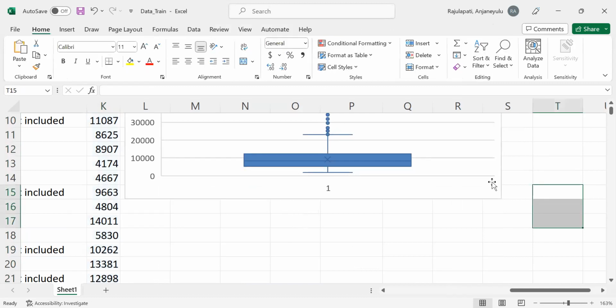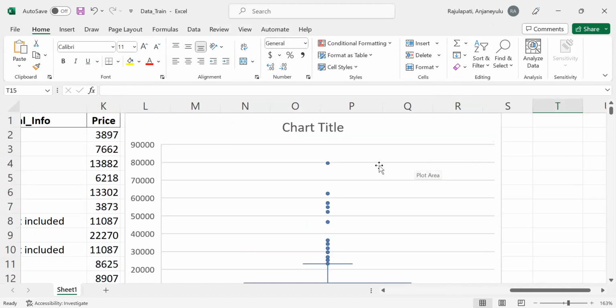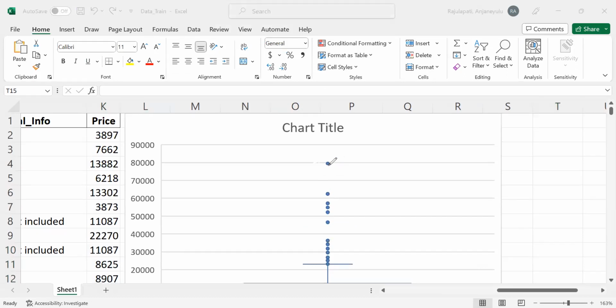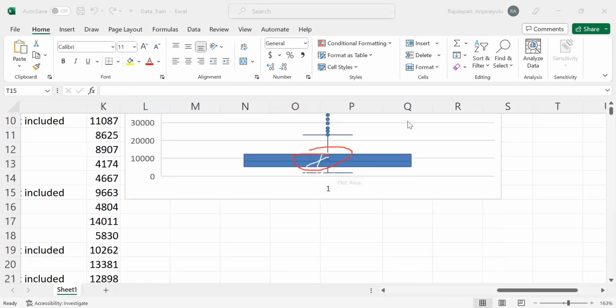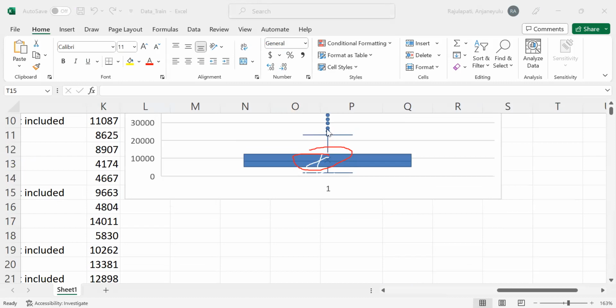This is the plot we call a whisker plot or box plot. So this is your max data. And the next one, this is your minimum element. And this middle one we have, right?